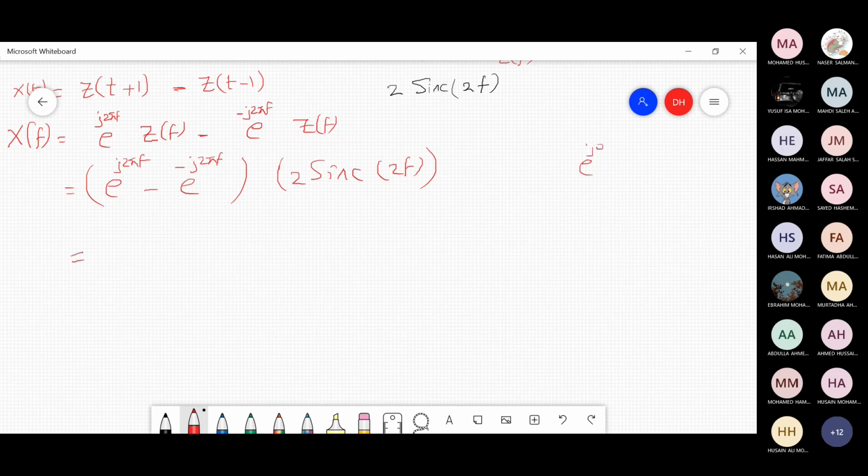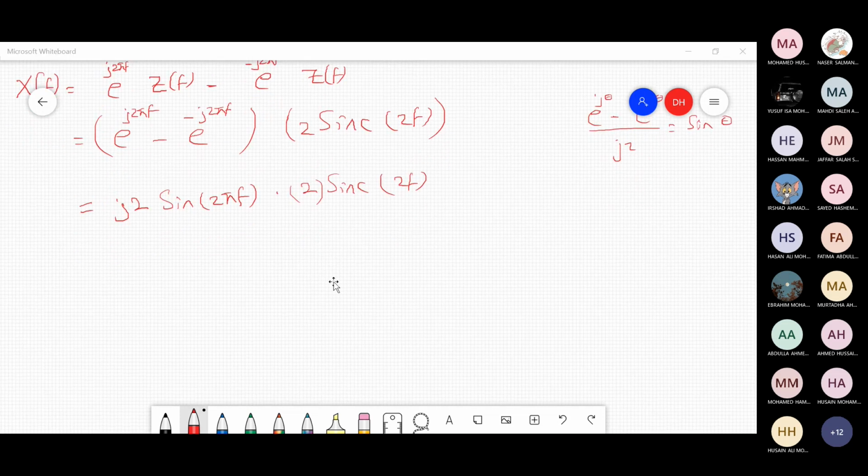e to the power of j theta minus e to the power of minus j theta, divided by j2, is equal to sine theta. So then this is equal to j2 sine 2 pi f multiplied by 2 sinc 2f. But you can put it as 2 multiplied by 2, it is 4.